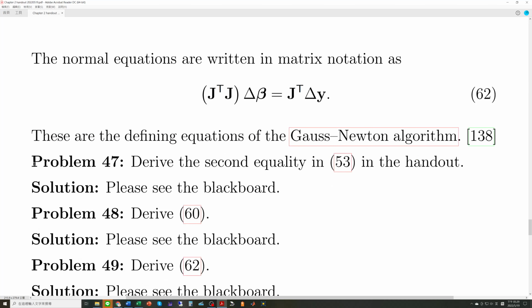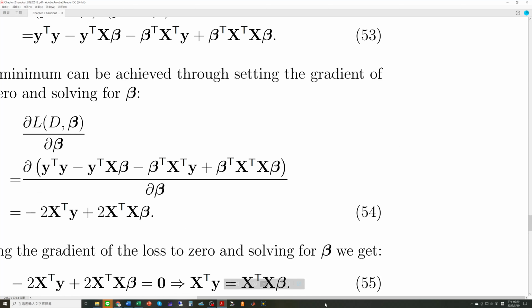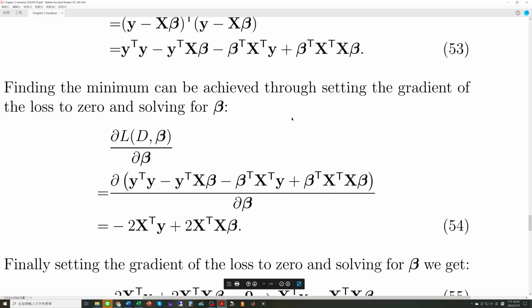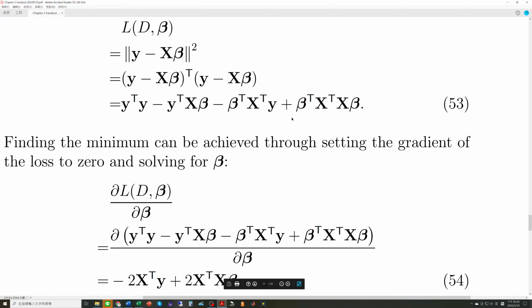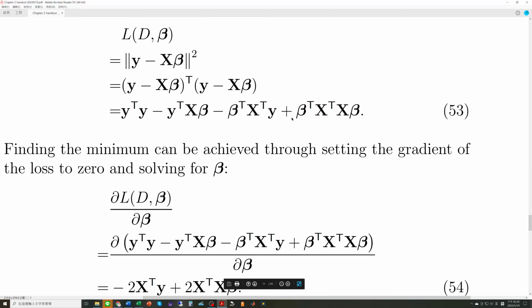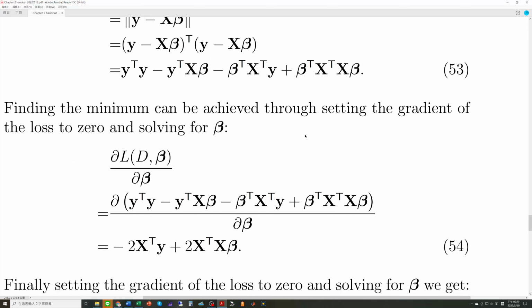So next, problem 47. Derive the second equality in equation 53 in the handout. Let us go to equation 53. So the second equality, it should be equation 54.